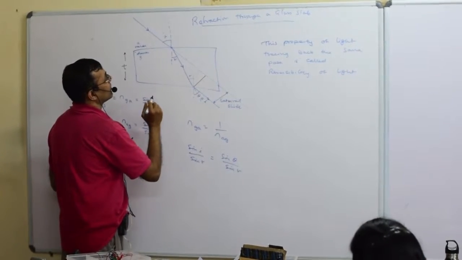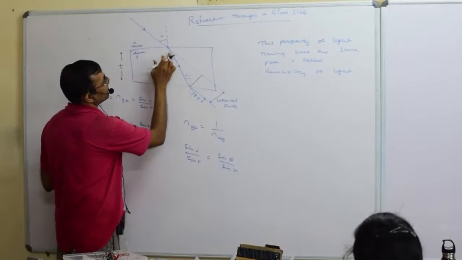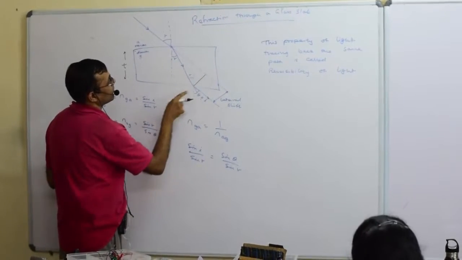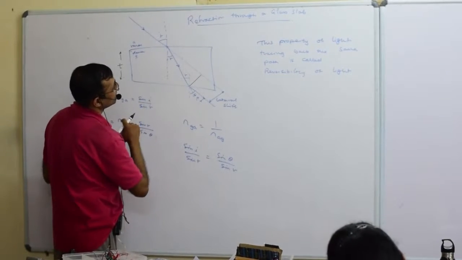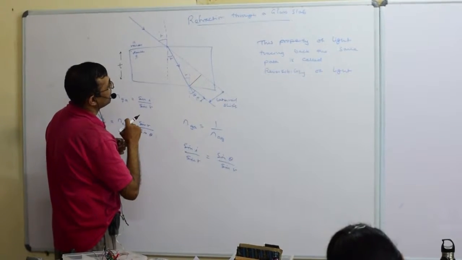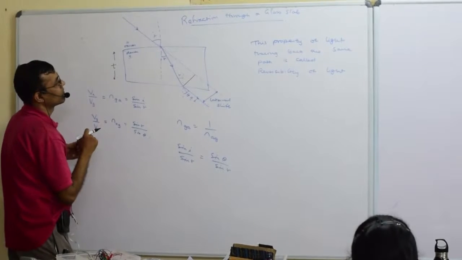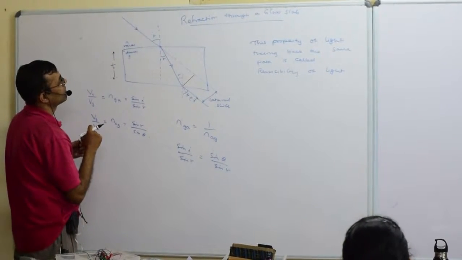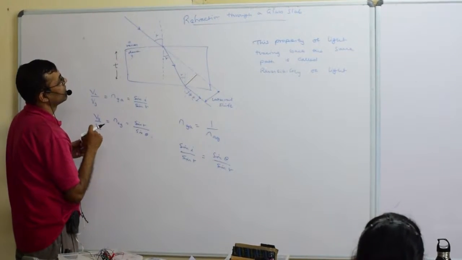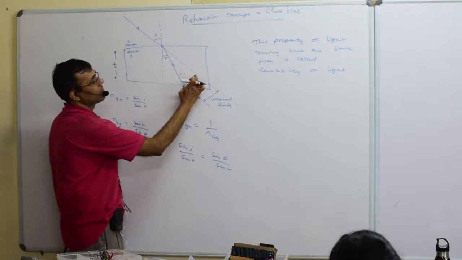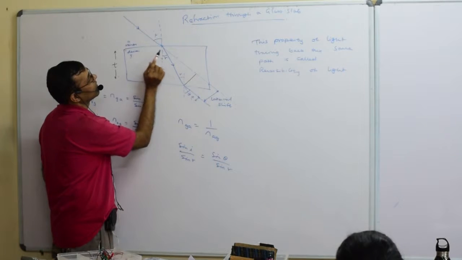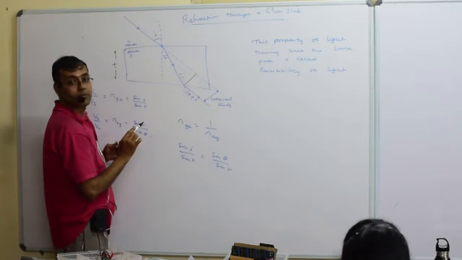So look at this. I want this angle. If I have I and r, so I minus r. This is I, this is r, right?